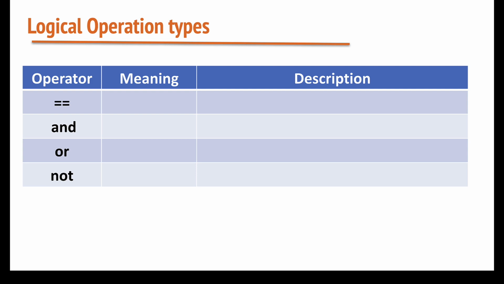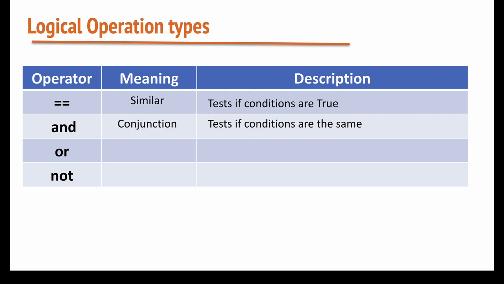Your logical operator types are going to consist of these. Once again, we have a double equals, which is similar and tests if the conditions are true. Next one is conjunction, which tests to see if the conditions are the same. In a moment, we'll have a little matrix table to identify that.